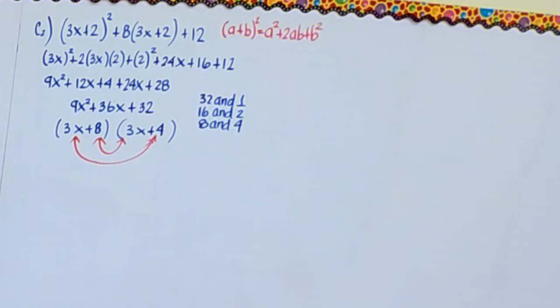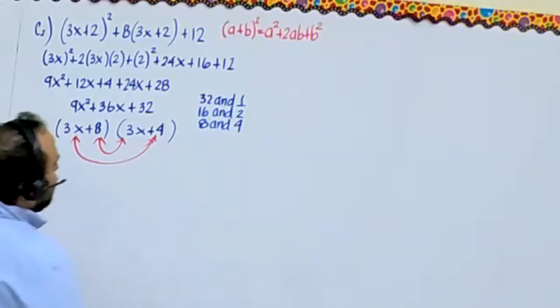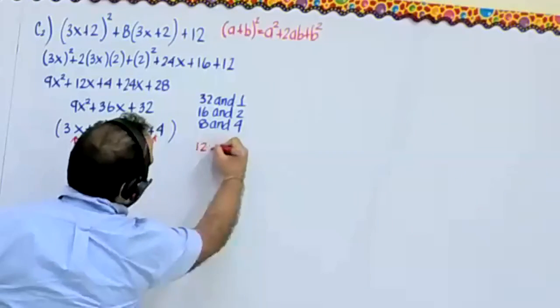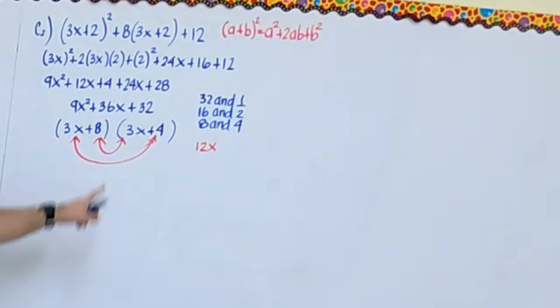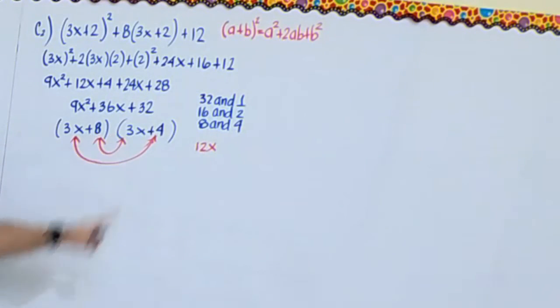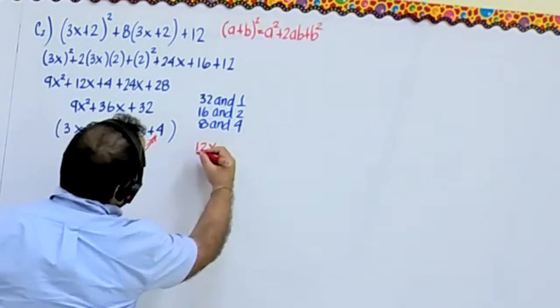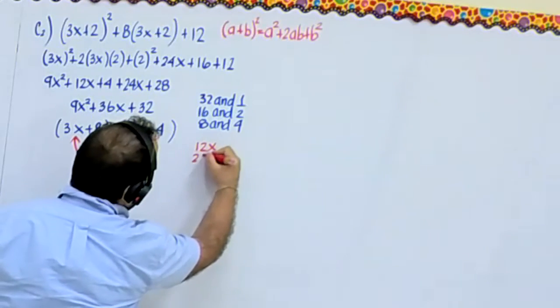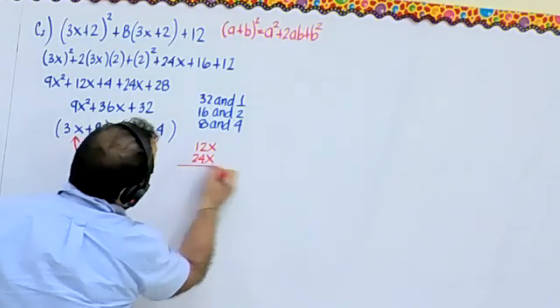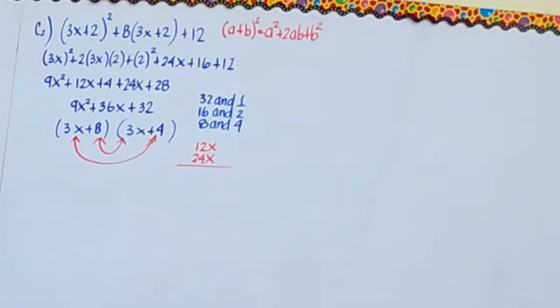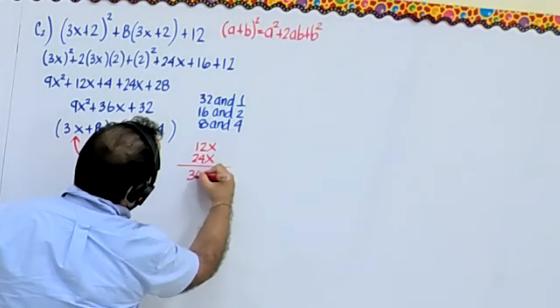All right. If you multiply 3x times 4, it will be positive 12x, right? And if you multiply 8 times 3x, that gives us positive 24x. And because both are positive, 12 plus 24 gives us 36.